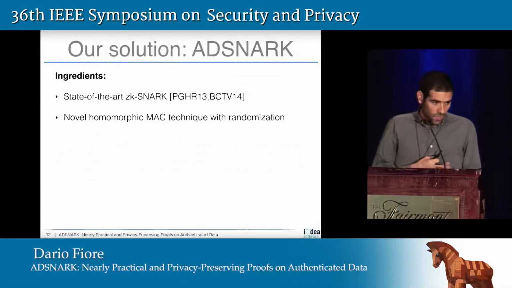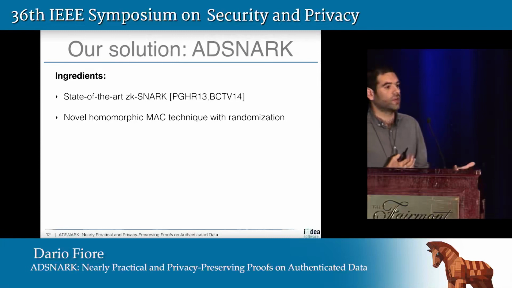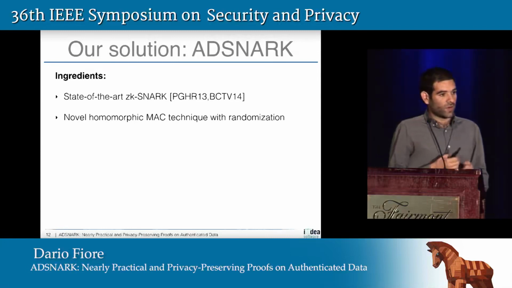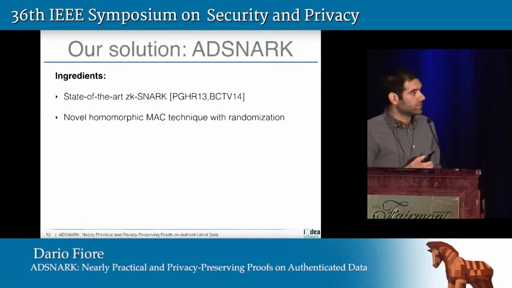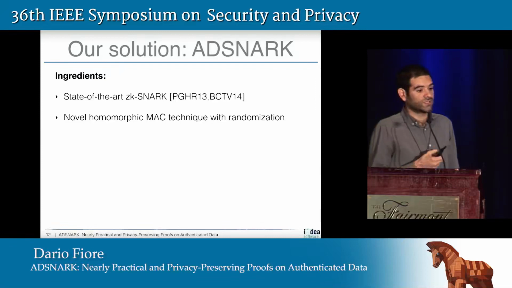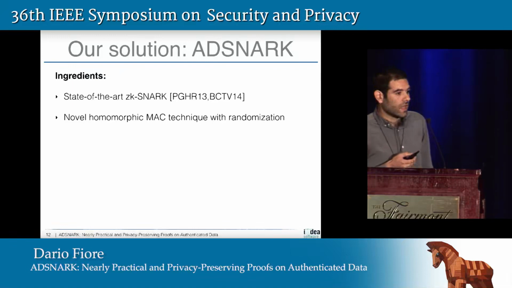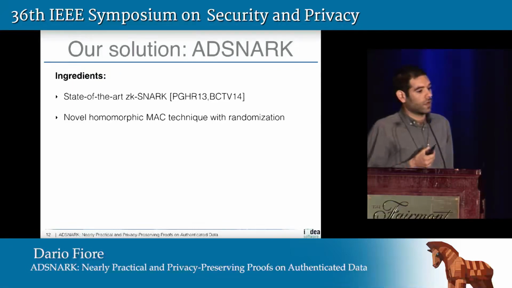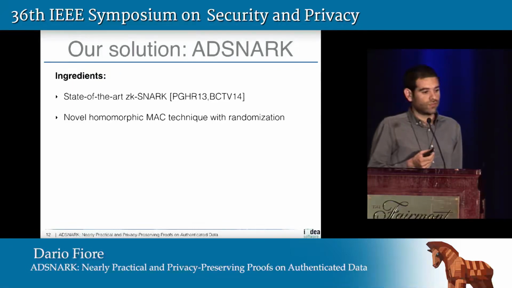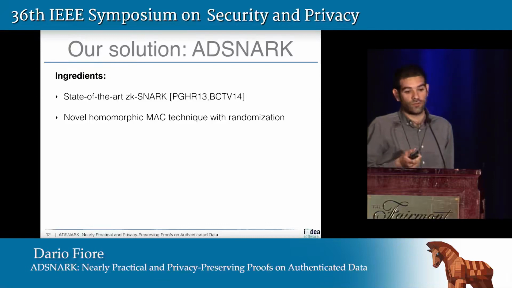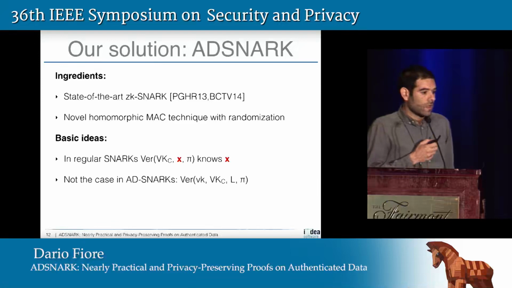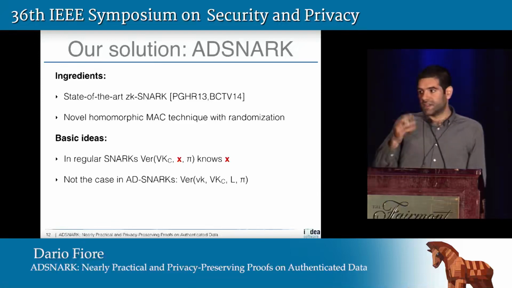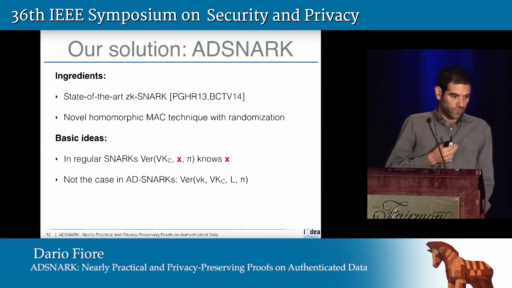The way we built our protocol was to start from state-of-the-art zero-knowledge SNARKs, in particular, those schemes based on quadratic arithmetic programs such as Pinocchio or its optimizations. And then we embedded some novel homomorphic message authentication technique with some property of randomization that I'm going to quickly describe. So what's the basic idea we got to this construction?